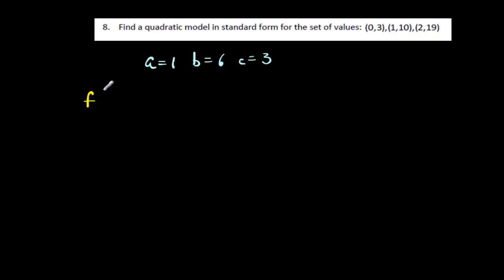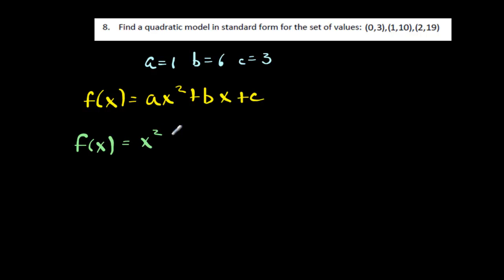So we're going to put this in the standard form because we're dealing with the A, B, and C values. So that's what standard form is. In case you forgot, here it is. So we're just going to substitute these values in. So we have our equation, plus 6x plus 3. And there's your model.